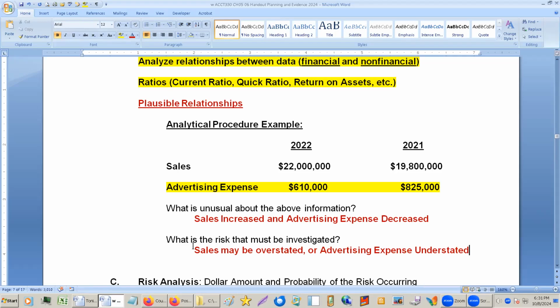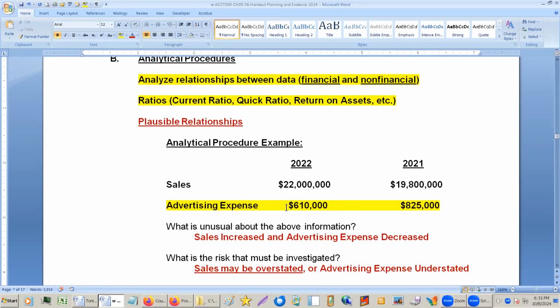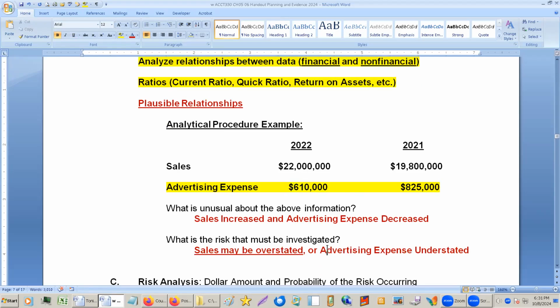So here's the risk that sales are overstated. They don't actually have 19 or 22 million in sales. Maybe they have something less than that, or it could be that the advertising expense is understated.